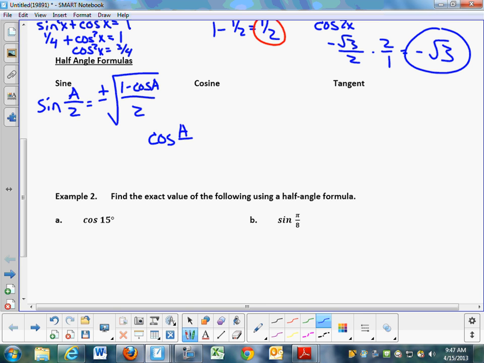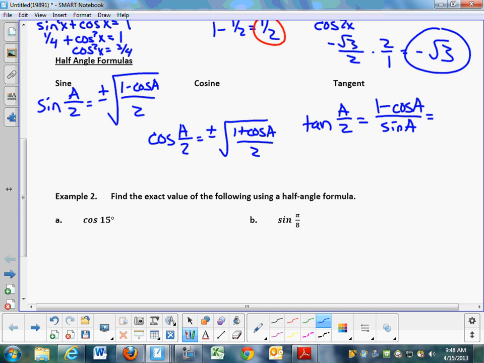Cosine, it tells you how often you actually use these, so. All right, there's your half angle formulas.